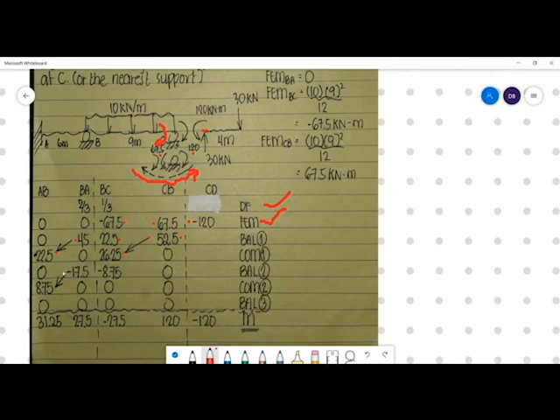Okay? So fixed support. Okay, fixed support 0, walang balance. Okay, pag binalance yung 26.5, 17.5 tsaka 8.75. Okay? So 0 na yung carry over natin sa CB.